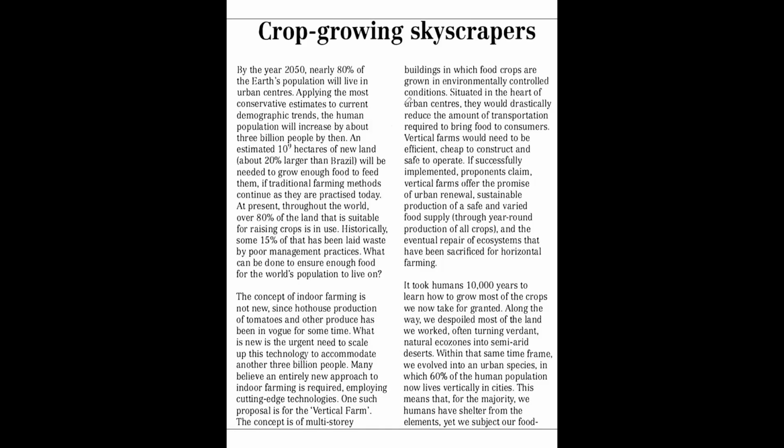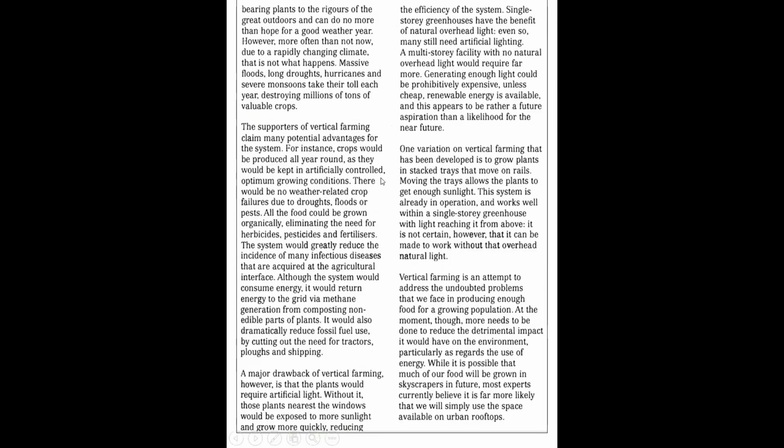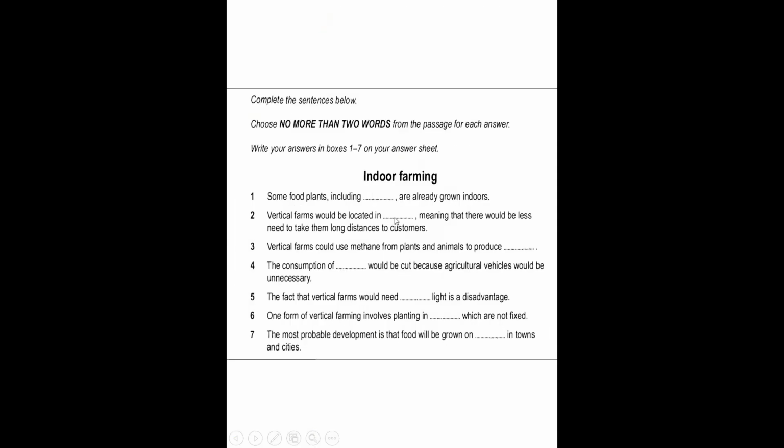So they are situated where? Urban centers. This will be my answer. Correct? Urban centers. So you have to write urban centers, exactly the same spelling here. Okay, this is where you have to write urban centers.